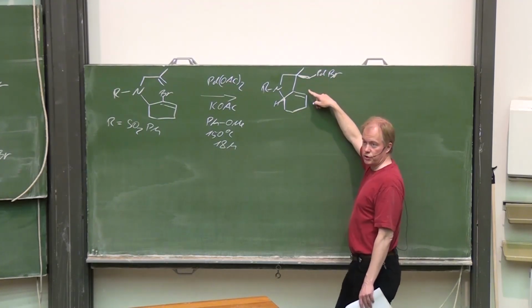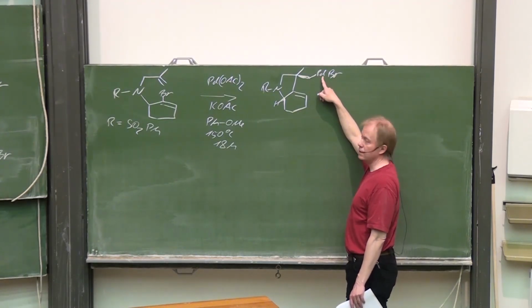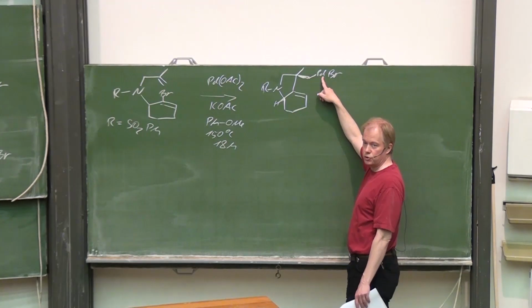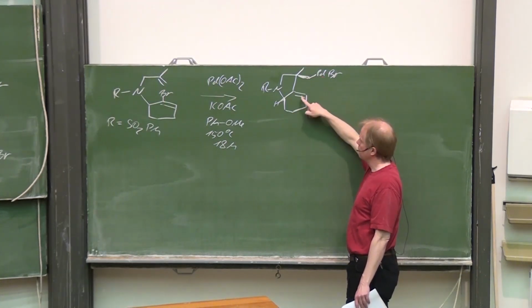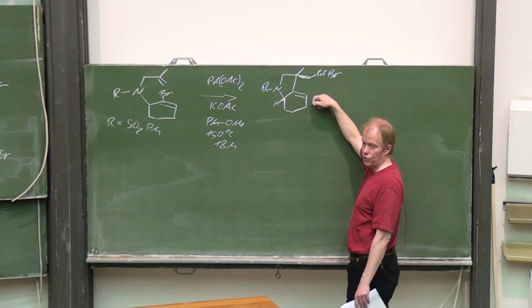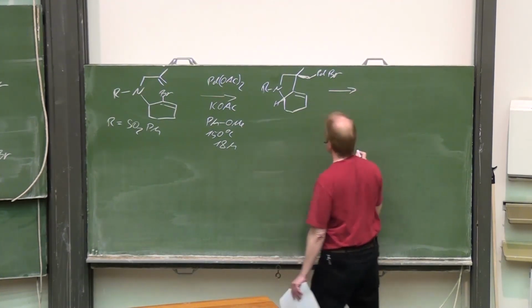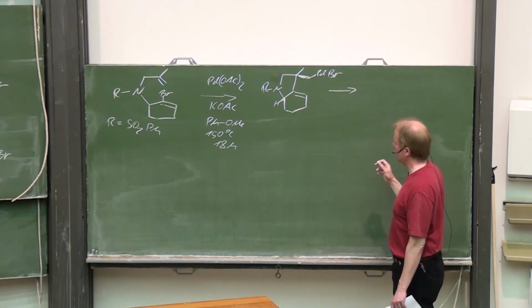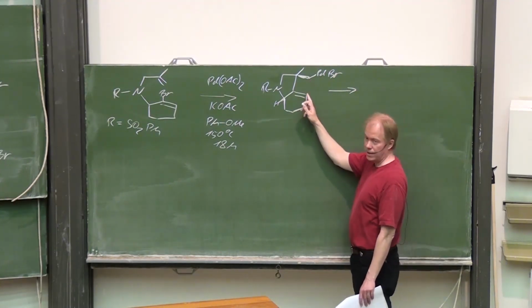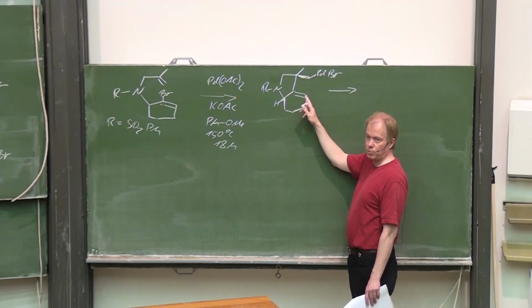But in close proximity to that electrophilic palladium-2, we have an electron-rich olefin, and an interaction will occur. Somewhat surprising, but working very well. Again, a carbopalladation occurs at that olefin.